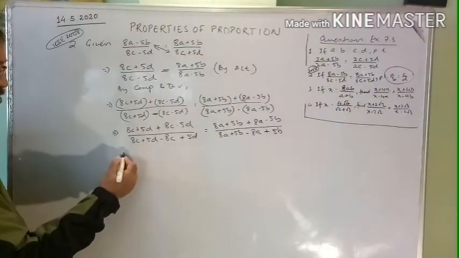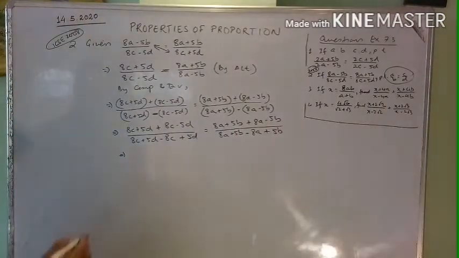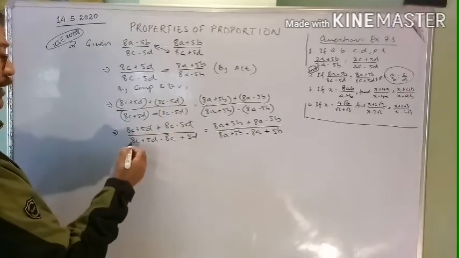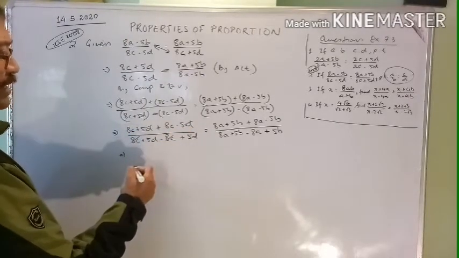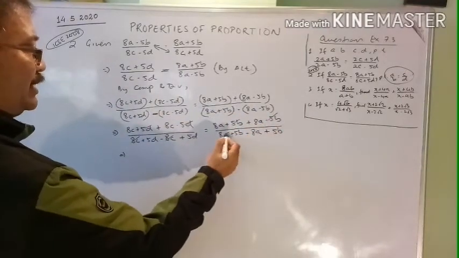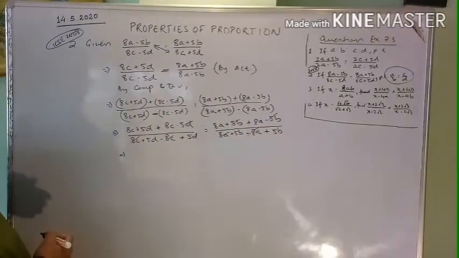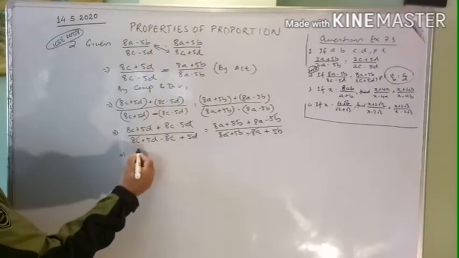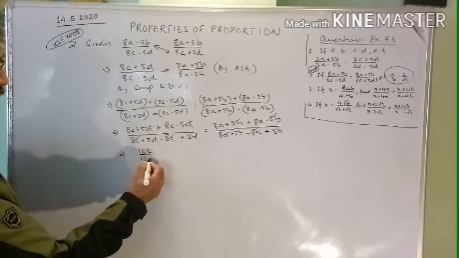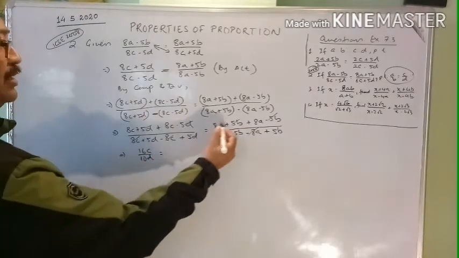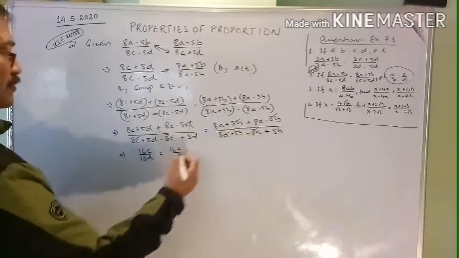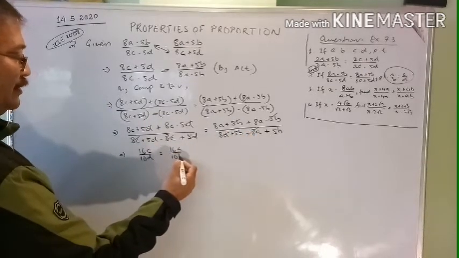So what is the advantage of using this formula is that here see, plus 5D minus 5D cancelled and plus 8C minus 8C also cancelled. Here also 5B plus minus cancelled, 8A plus minus cancelled. So 8 plus 8 will be 16C, 5 plus 5 will be 10D is equal to, here 8 plus 8 is 16A and 5 plus 5 is 10B.